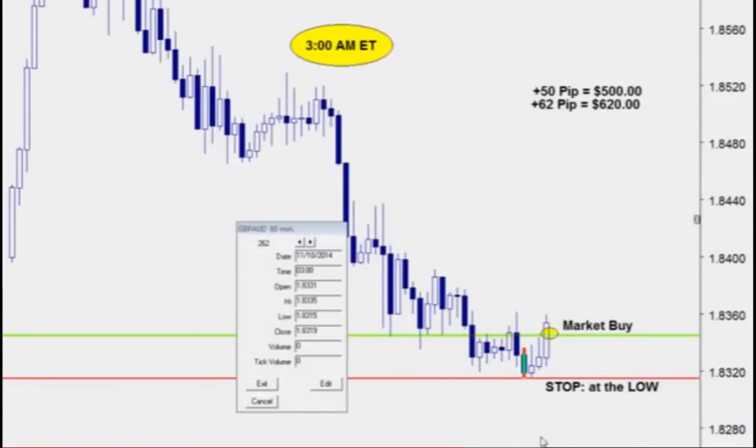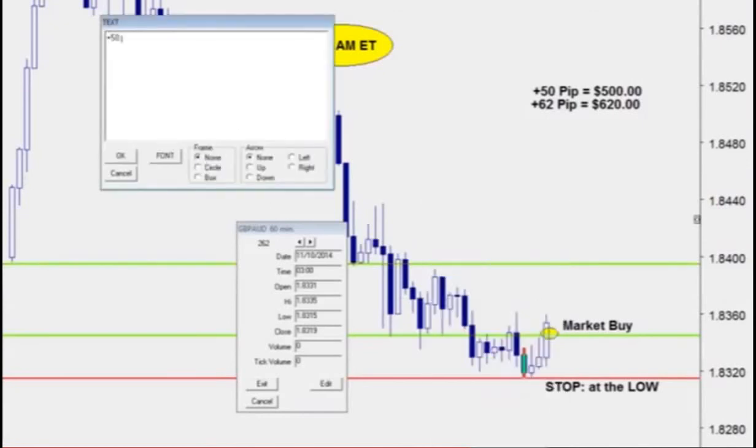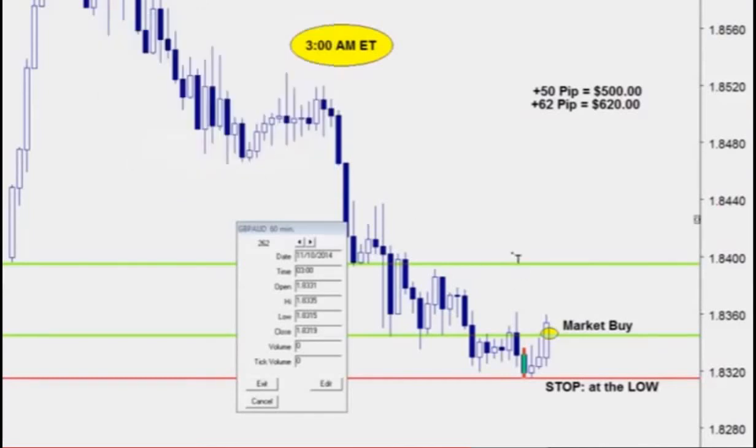Now, if I measure out my risk, and the risk involved in this trade is 30 pips, what is my reward? What's first base reward? 50 pips, first base. Your reward will always be at least 50 pips.